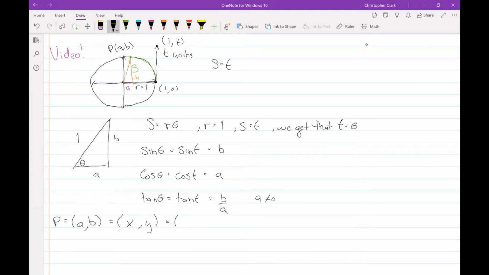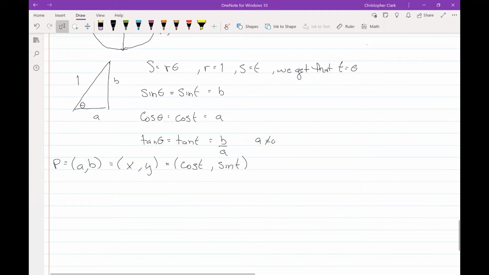I can write this as cosine of t or theta and sine of t or theta. So in this way, I've essentially turned this geometric object, a circle and a triangle embedded inside, into a coordinate system. And this allows me to do all kinds of really fun things.